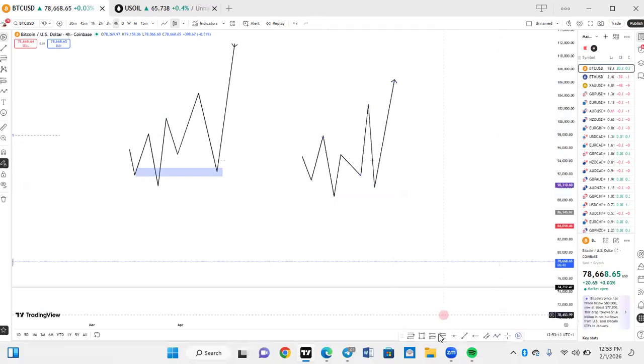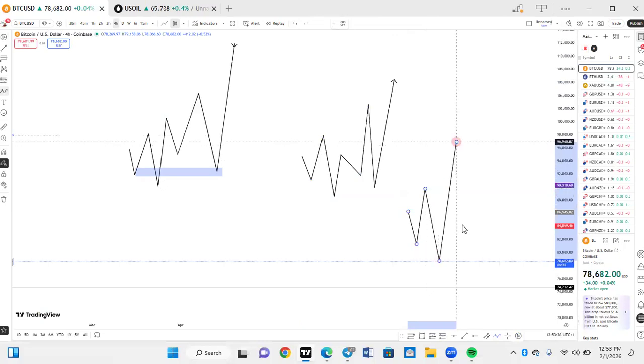The third one is I expect price to also do something like this: sweep, break on here, as if it's expecting this one.